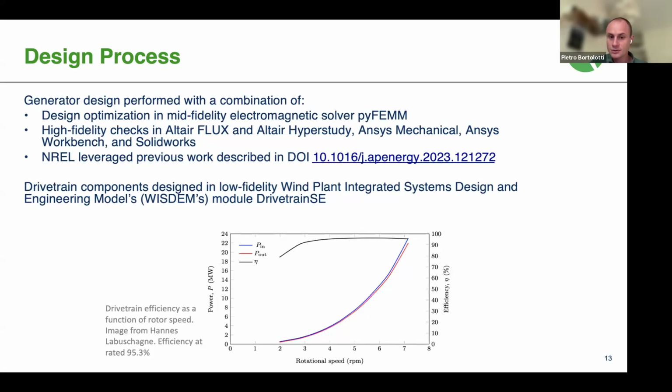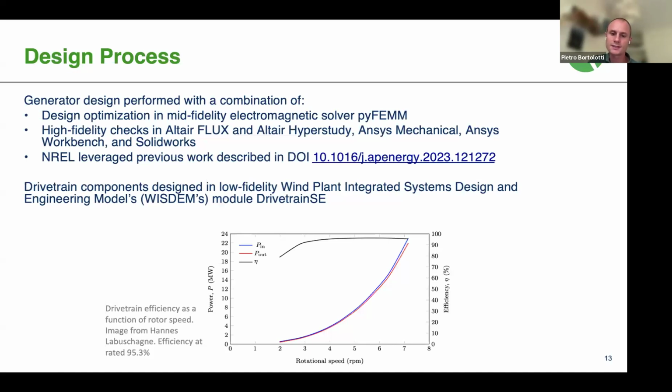We did not start from scratch with this generator. We had a previous study that is described in this DOI, in this journal article, and there is more background there about the design approach.